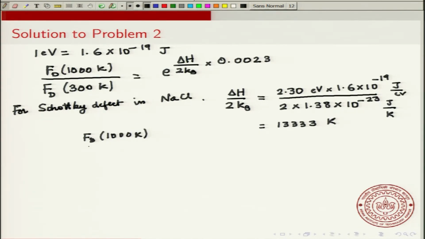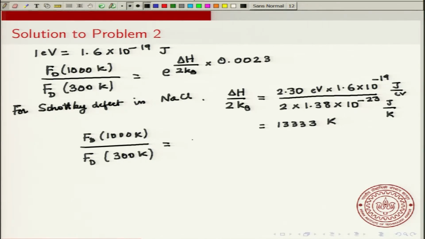Kelvin. This comes out to 13333 into 0.0023.